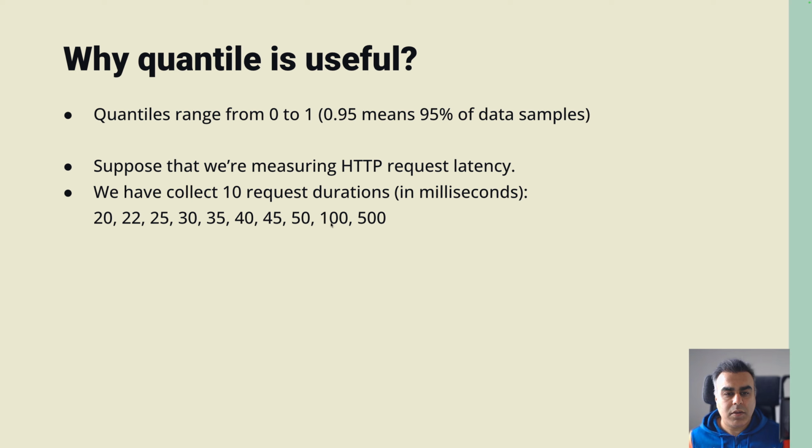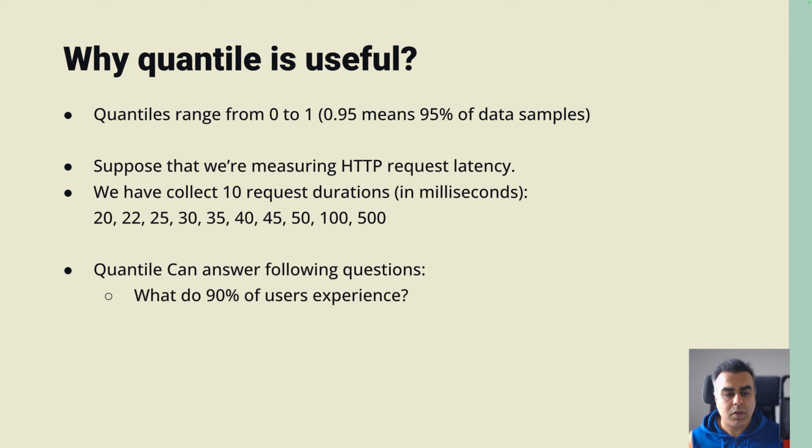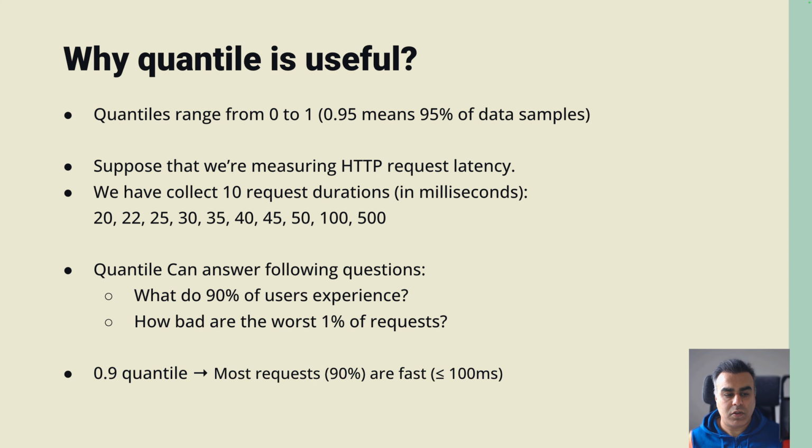So using quantiles helps us understand what the majority of our users are experiencing, and that's why quantiles are really important. And the quantile can answer such questions: what do 90% of our users experience, and how bad are the worst 1% of the requests? The quantile or the summary metric can answer such questions.